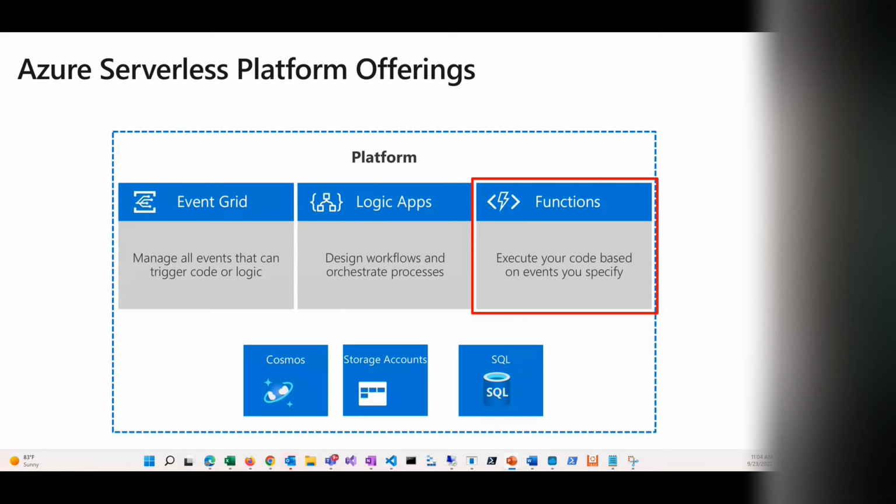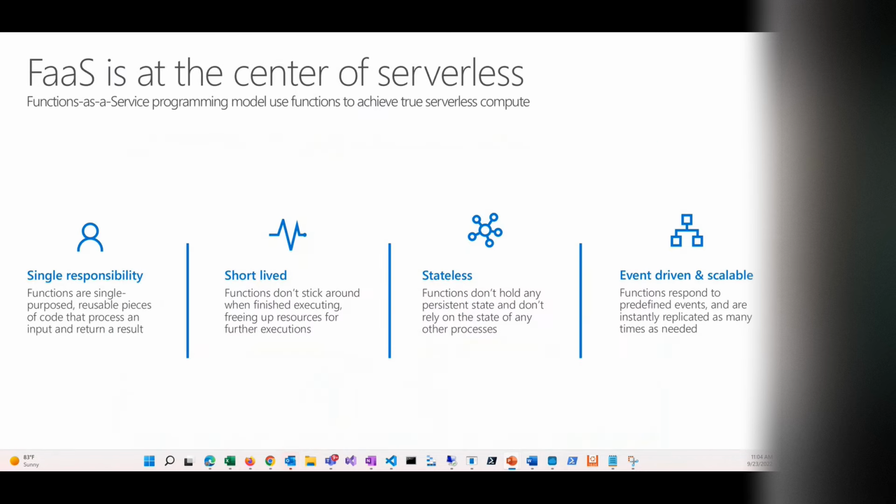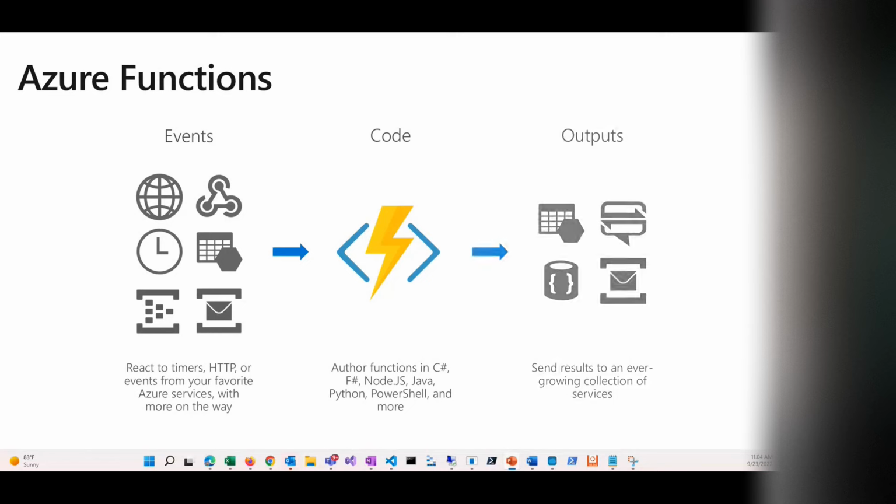As we always do, a quick lap around Azure Functions. This is one of the Microsoft serverless platform offerings. They are growing by the day, and this is all about function as a service. To me, this diagram is very useful.